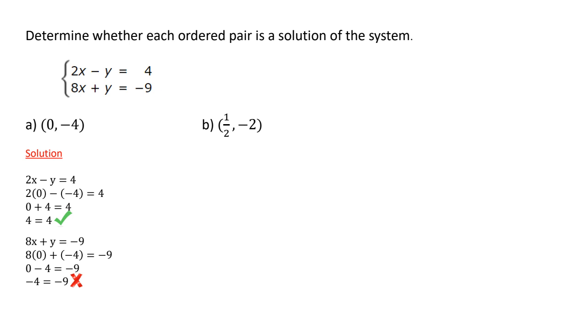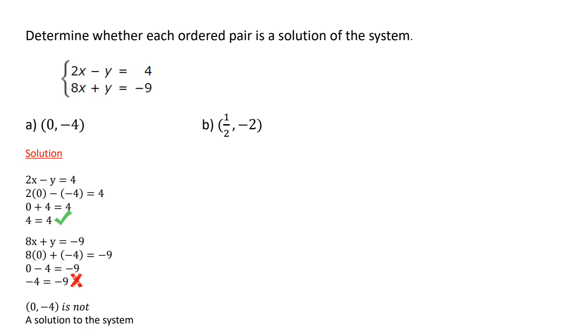Since this point only satisfied one of the equations, it's not a solution for the system. It has to satisfy both equations. So for this answer, you would put that (0, -4) is not a solution to the system. Let's try the second example.